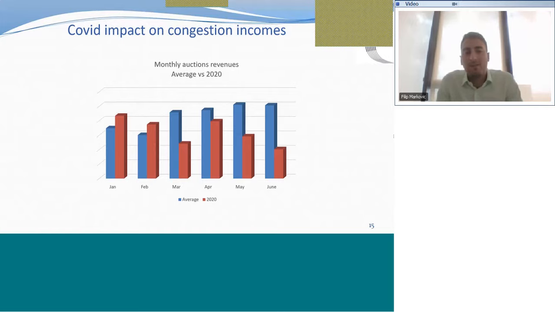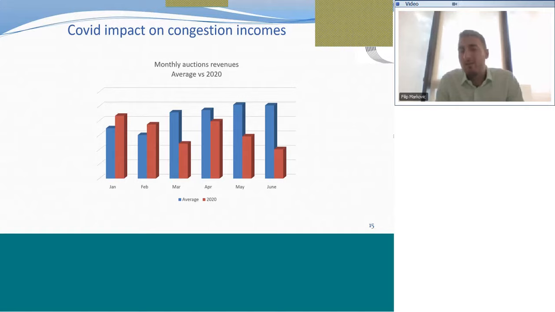What we can notice is that in the first two months, January and February, congestion incomes were higher than the average. Then starting from March, you can see a drop, which partially coincides with the onset of the COVID crisis.